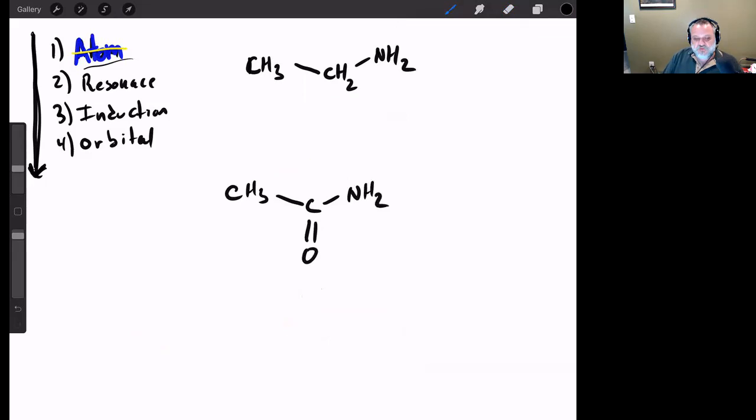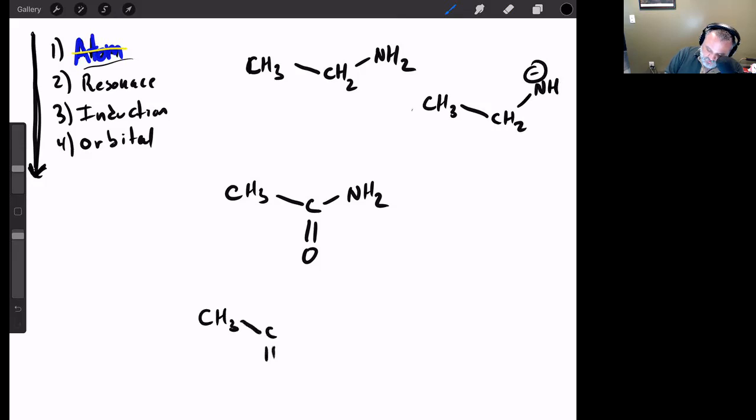So I have a simple amide versus an amine. Which one's a stronger acid? Well, if I take a look at the conjugate bases, in this one, I have the negative charge on a nitrogen, and in this one, I have the negative charge on a nitrogen.